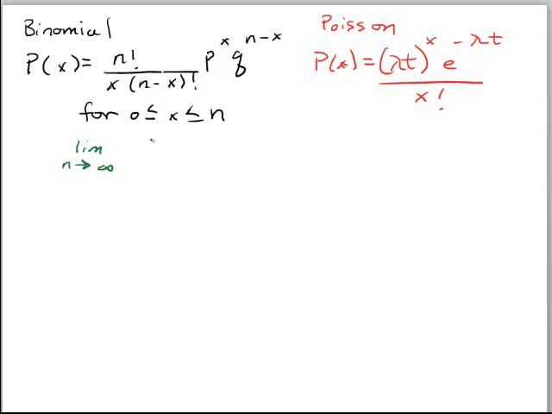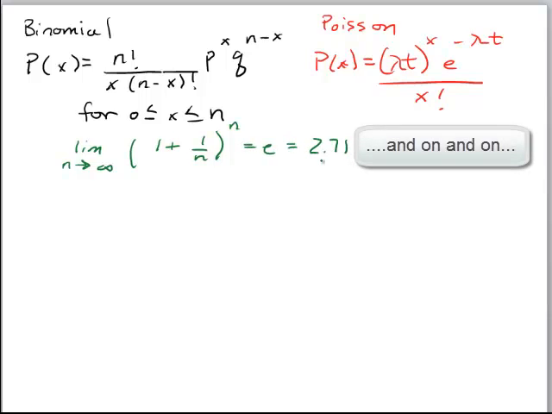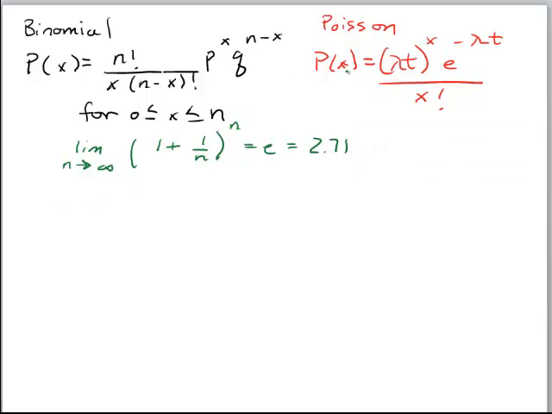As n goes to infinity, 1 plus 1 over n to the n is equal to e, or 2.71. So let's get to this relationship first and understand that because, well, that's not only important for understanding the relationship between Poisson and binomial, but also important for simply understanding compound interest.